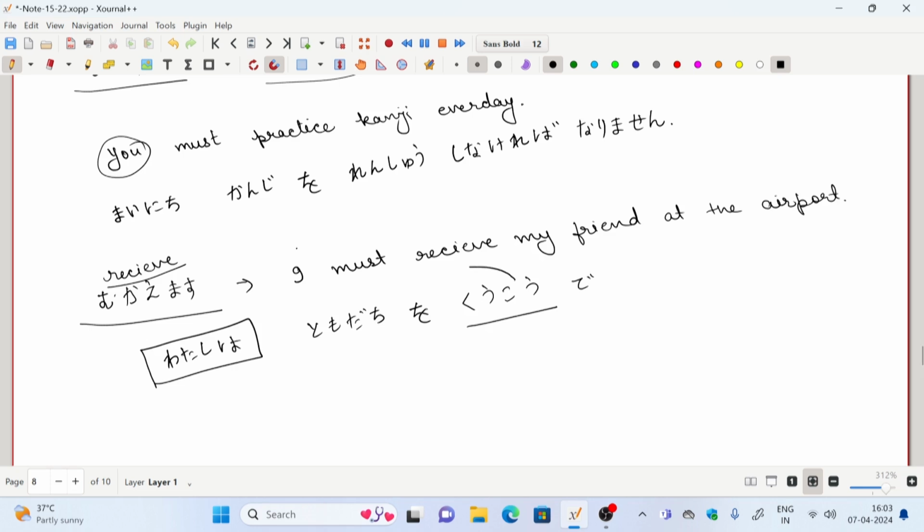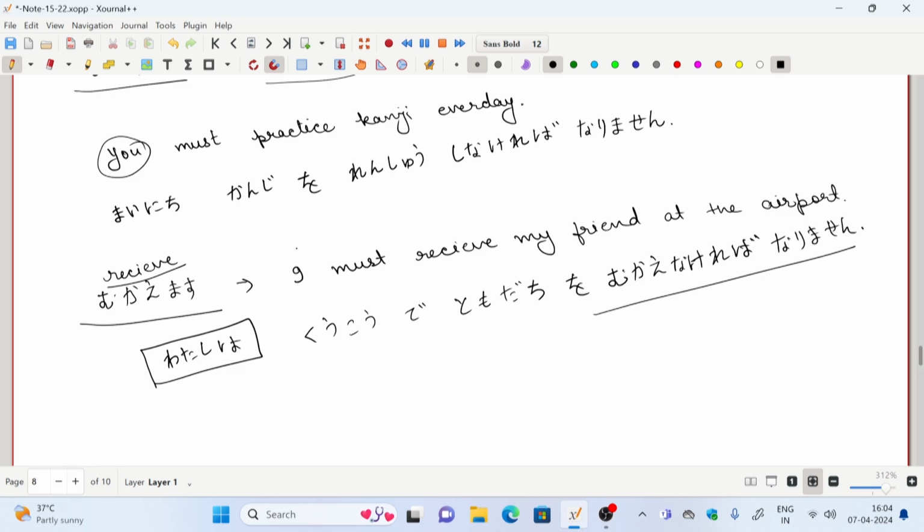Or we can put the place before. We can also say kuko de tomodachi o, and then mukaemasu will change into mukae nakereba narimasen.